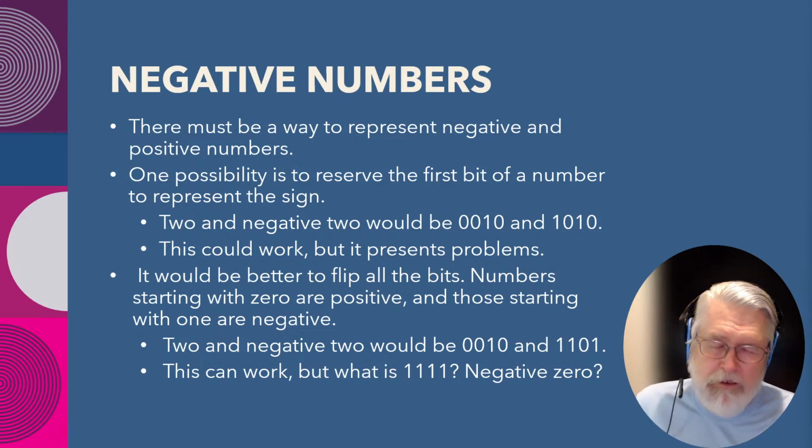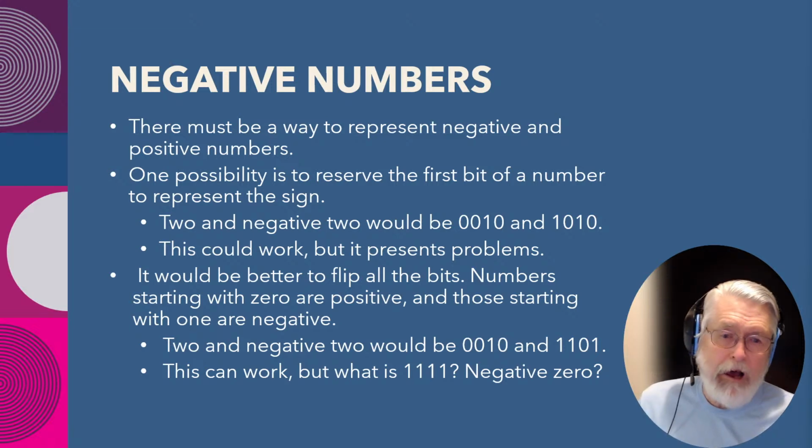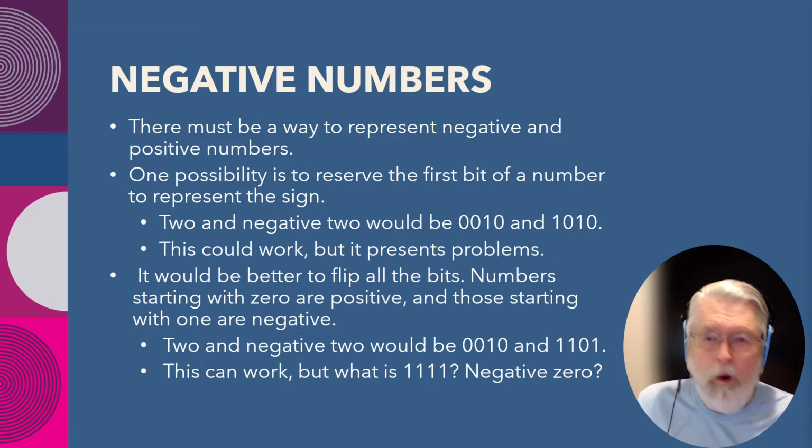There are different ways that can be done in binary. It depends upon a number of considerations as to how it's done in binary, but we'll look and see how it is normally done and why.